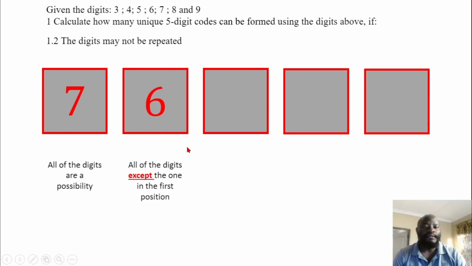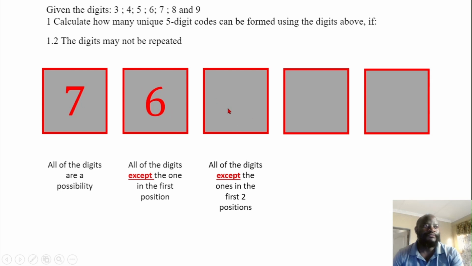Okay, I'm sure you can see the pattern now. So in this third position, we will have all the digits to use except for these 2 that have been used here. Again, I'm emphasizing that the 6 and the 7 are not these 6 and 7 here. I'm just saying that whichever number we used for the first position and the second position can no longer be used here.